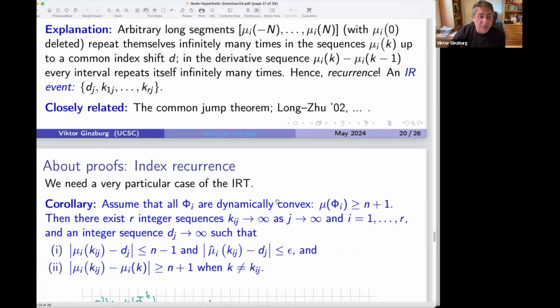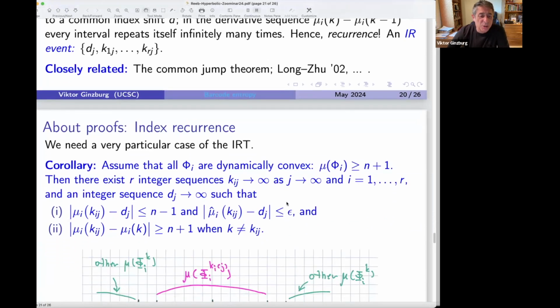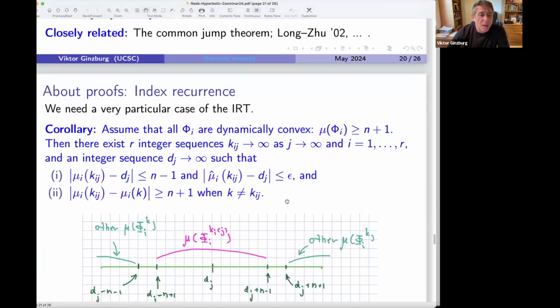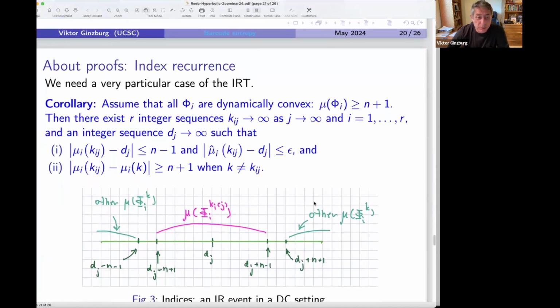And here is the implication of the index recurrence in the dynamically convex case, and this is actually what we need.